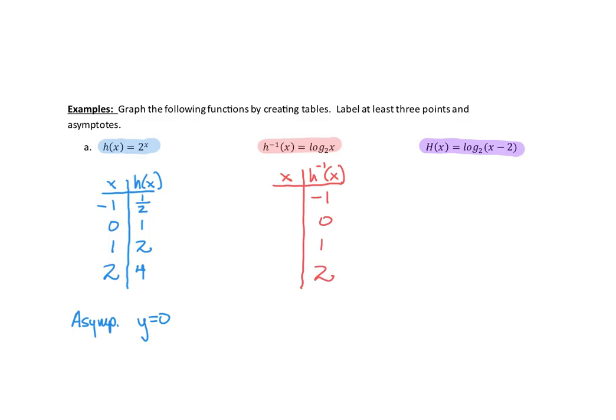And my y's become x's. So we have 1/2, 1, 2, 4. And we also have an asymptote. X's become y's, y's become x's, and so my asymptote is now going to be x equals 0.